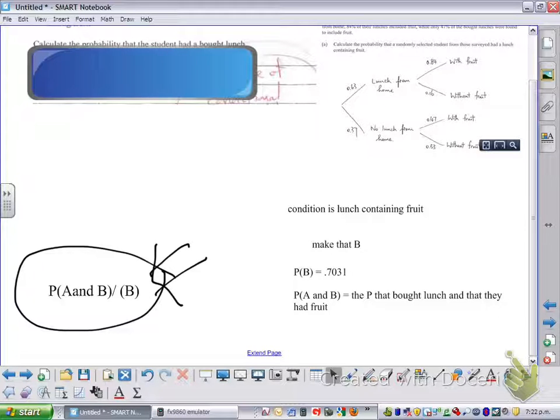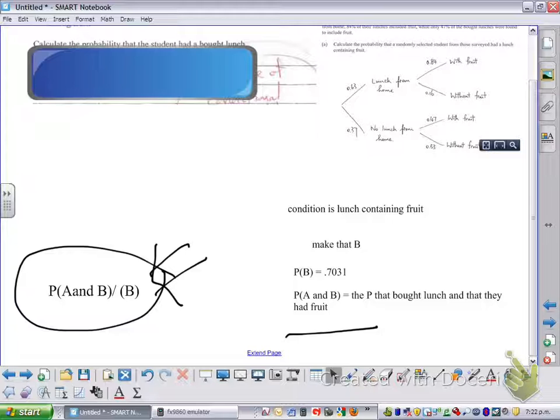So that's the probability that they have a lunch containing fruit. Now the probability of A and B is the probability that bought lunch and that they had fruit. So that's what you have to calculate.